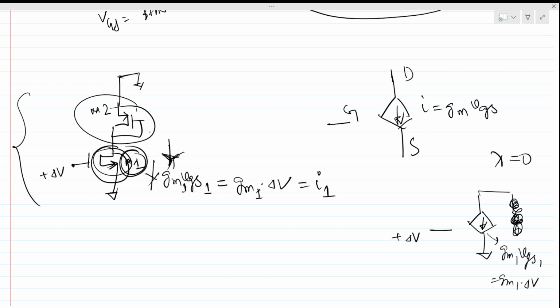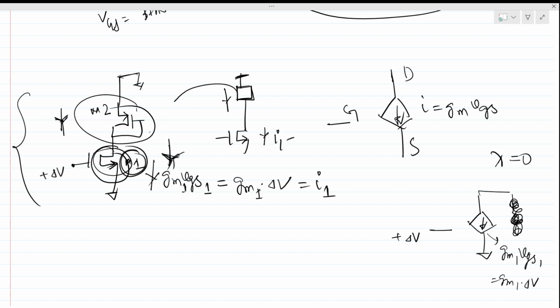KCL has to be satisfied every time, so a small signal current must flow in this way so that KCL is maintained. Basically here is a black box, and a small signal current I1 is flowing. Now this current has to come from this black box.